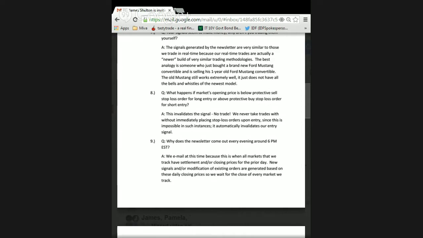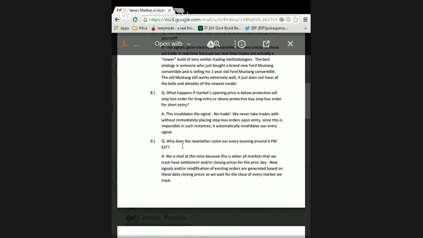So that would invalidate the order if we never traded below there again. So you can't take a trade without immediately placing a stop loss order upon entry. Since you gap below the stop loss level, it automatically invalidates the entry signal.